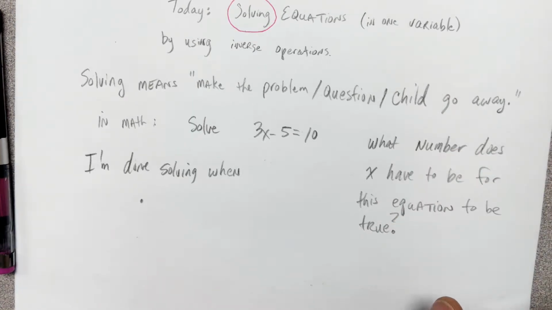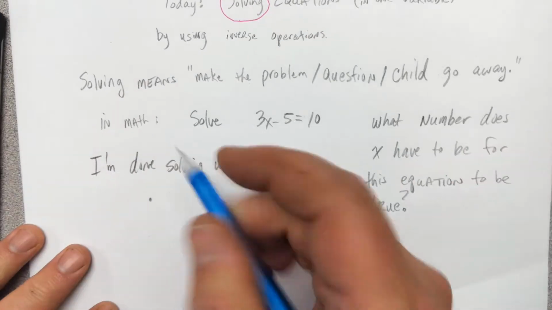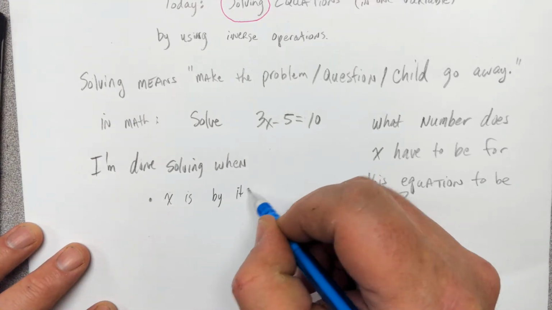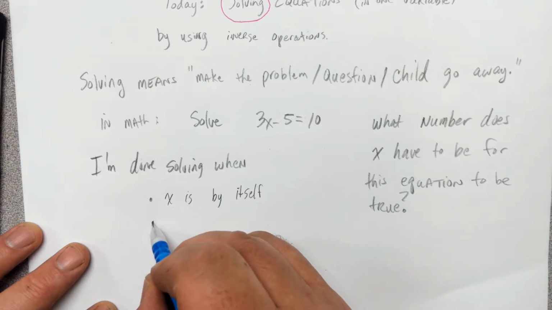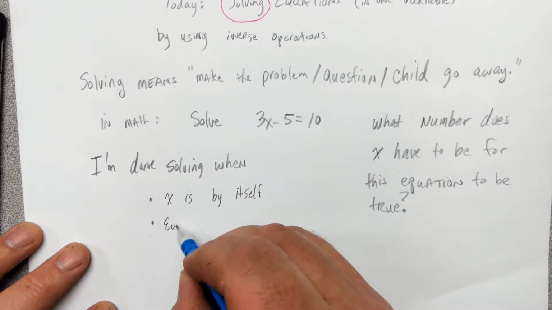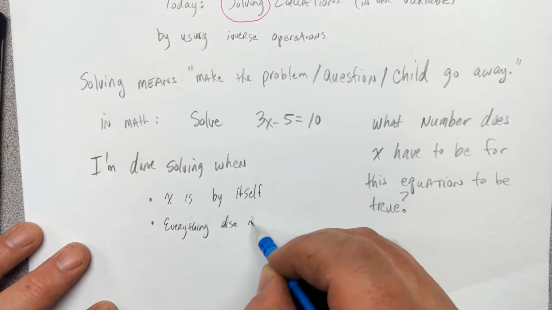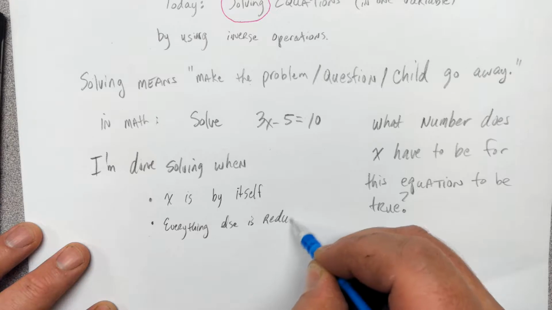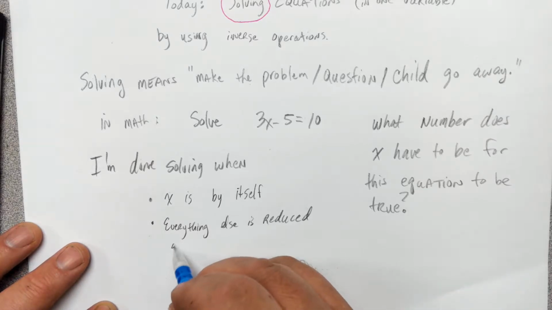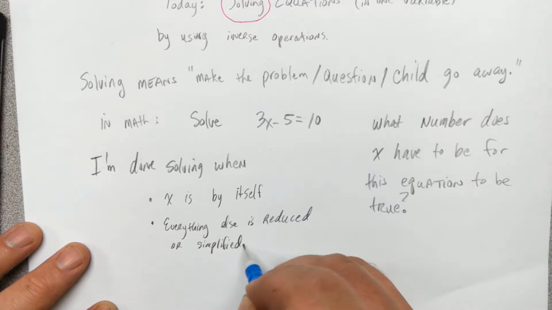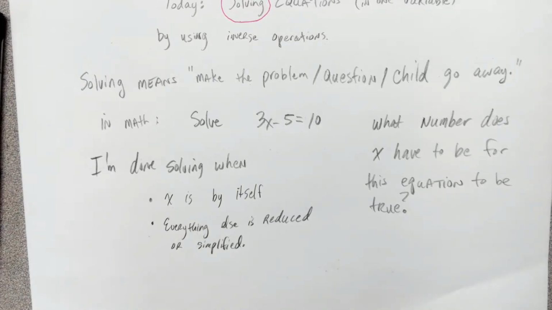You're right, when the x is by itself. So, first thing, I'm done solving when x is by itself. And second, everything else is reduced or simplified.